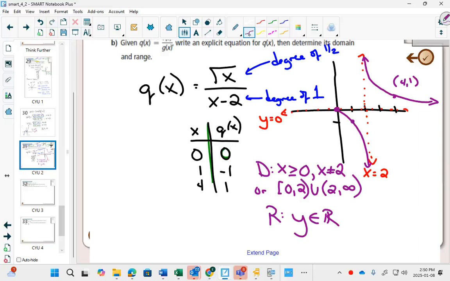And on the right side, because of the asymptote, the y values would be greater than 0, but not equal. But if you include every y value greater than 0, and every value less than 0, and you're including 0, you have every value of y, even though it's not connected. It's kind of a little weird.